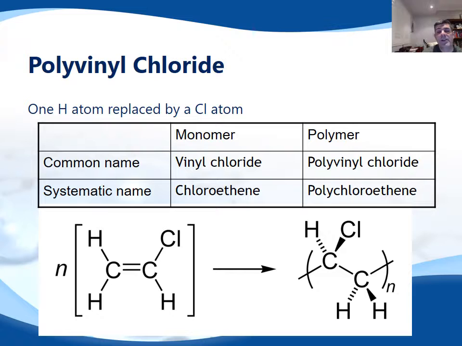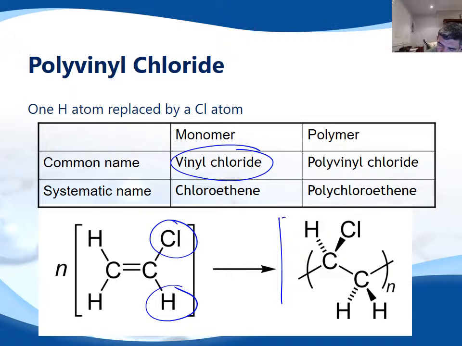PVC is the third one, and this is where one of the hydrogens has been replaced with a chlorine. You can see that's the structural change to the monomer, and the monomer is vinyl chloride or chloroethene. Then we polymerize it in exactly the same way. It's just obviously we have alternate repeating units.